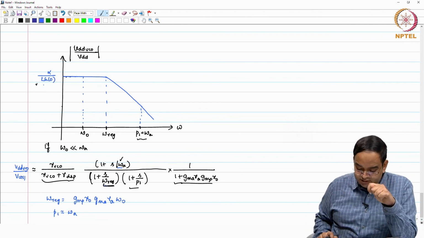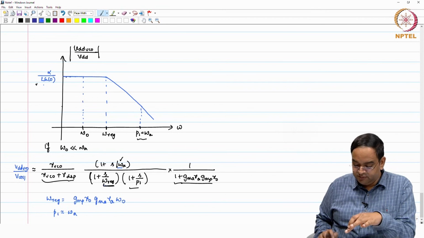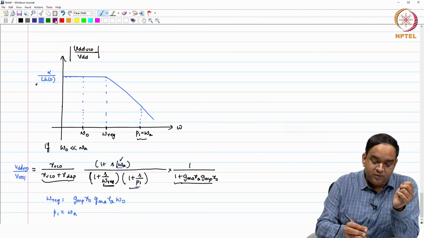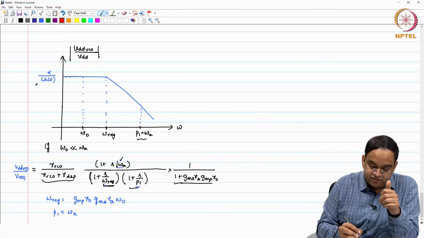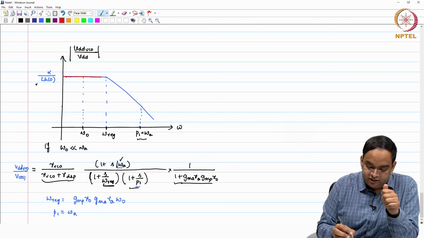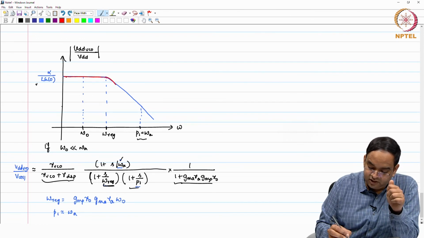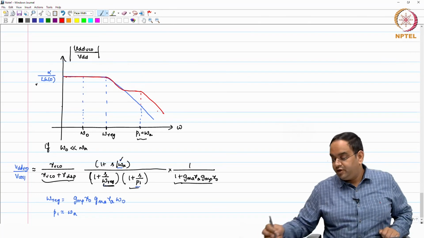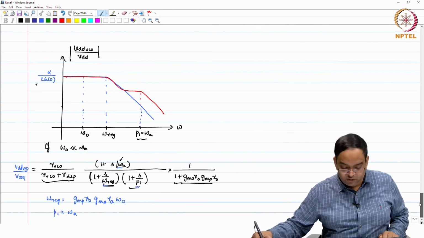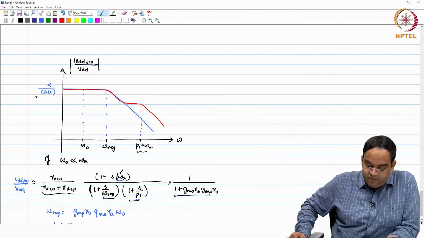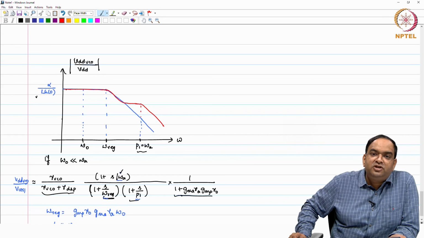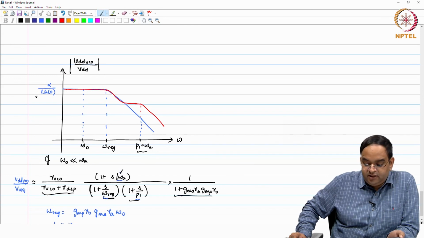Now, in this particular case the assumption is that your P1 and your 0 location are at the same place, but quite often, because this is an approximation, you may see the 0 a little earlier and then a pole. Okay. So, you see two cases: in one case your omega O was dominant, in another case your omega A was dominant. Depending on which pole is dominant, you will see the supply noise rejection.